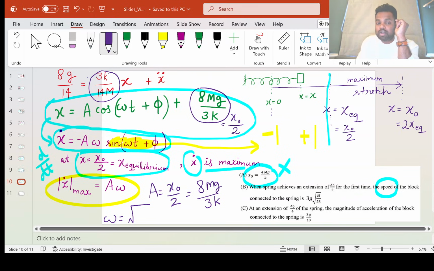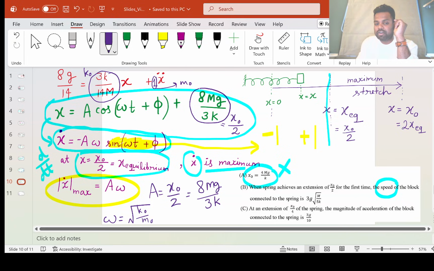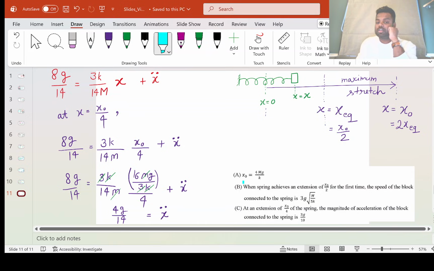This value, let's call it k naught, and this value here, which is 1, is your m naught. You must know the formula, square root of k naught by m naught. You can calculate that, and if you multiply, you will find out; you can do the algebra yourself on paper. We do not need to do that in the video. It is simple algebra. The speed A omega is not this value, so this is incorrect. A and B are incorrect.